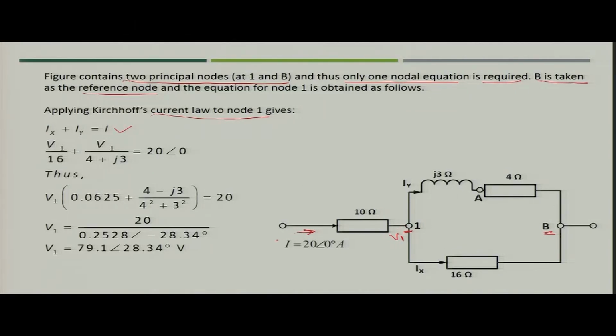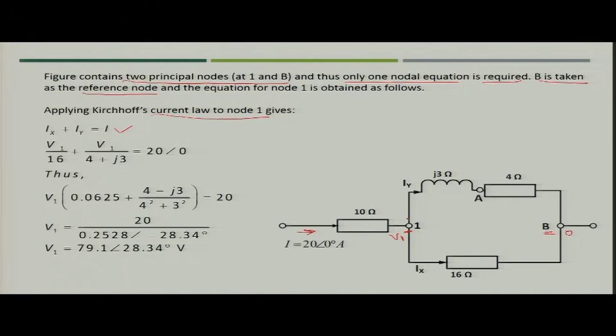So, for Ix, what is the value? That is basically the node you have already taken as a reference node. So, the Ix would be V1 divided by the 16 ohm resistance. So, V1 by 16 is Ix. Similarly, for Iy, what you can write?